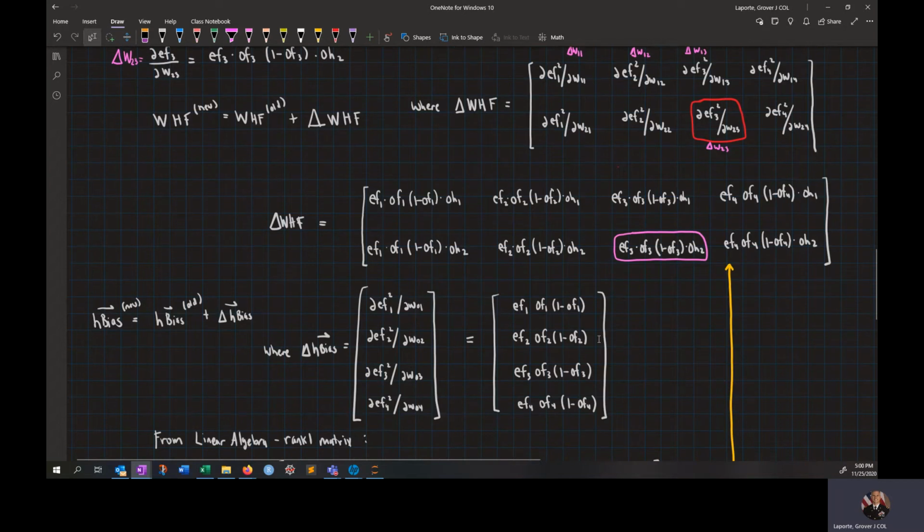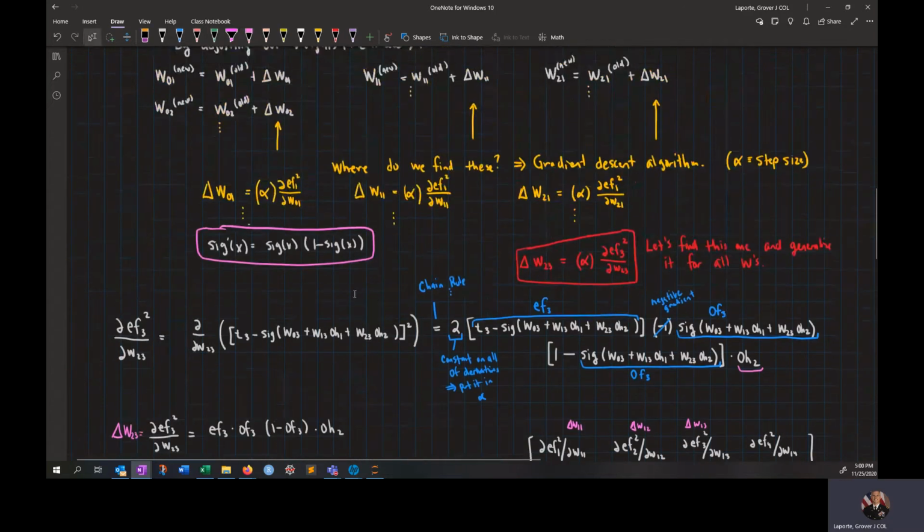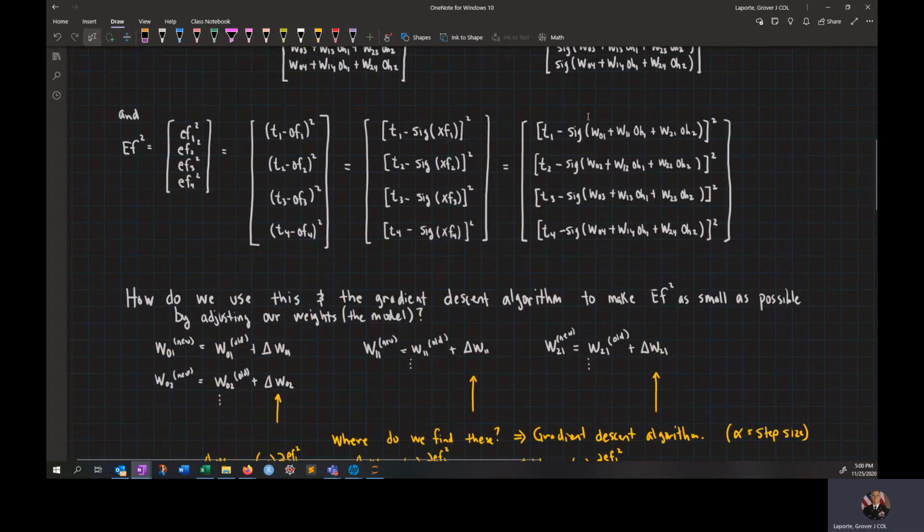Also, we need to update our H bias. I need to update W01, I need to update W02, I need to update W03 and W04, right? So let's go back up and see where W01 is located. In this function, W01 is only in EF1 squared.